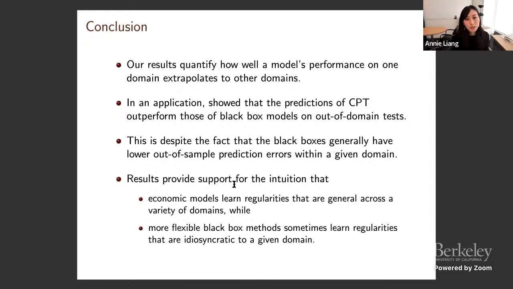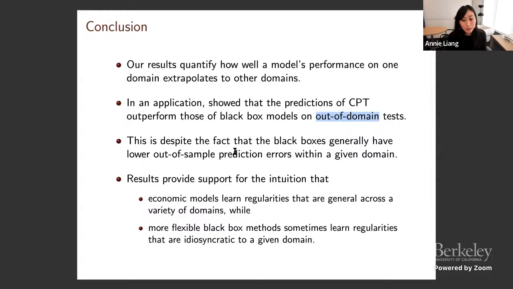Okay, just to conclude, our results quantify how well a model's performance on one domain is going to extrapolate to other domains. In an application, we've shown that the predictions of CPT and economic models outperform those of black box models on out-of-domain tests, despite the fact that the black box methods actually have lower out-of-sample prediction errors within a given domain.